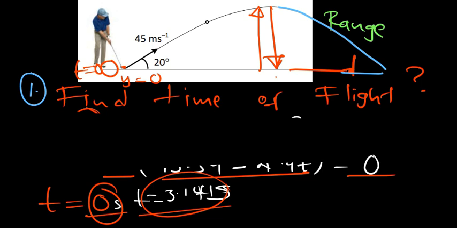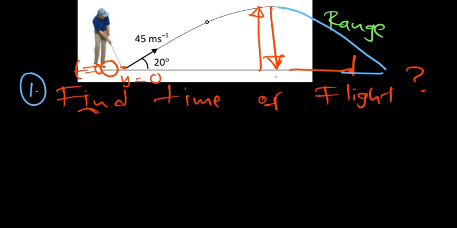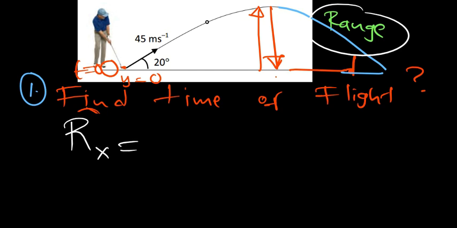Okay, so this equation should become your friend, and finding the range becomes easy, because the range is the horizontal distance covered, and you understand that the velocity in the x is constant. You've determined the time of flight to be 3.14.